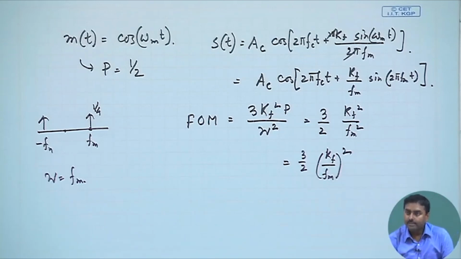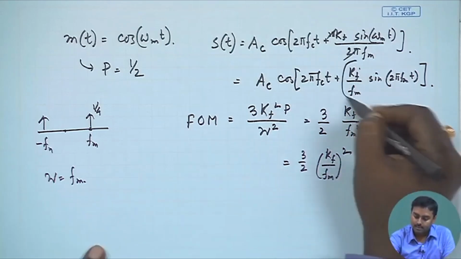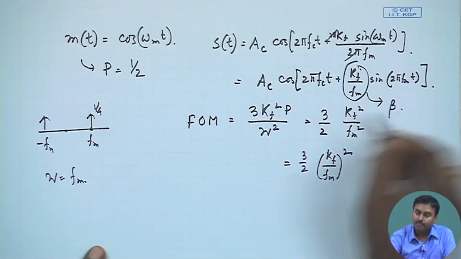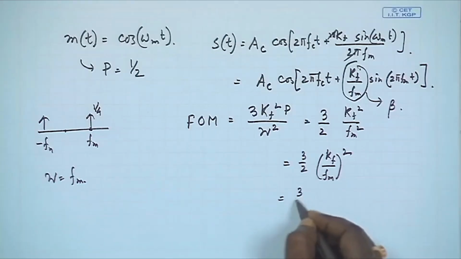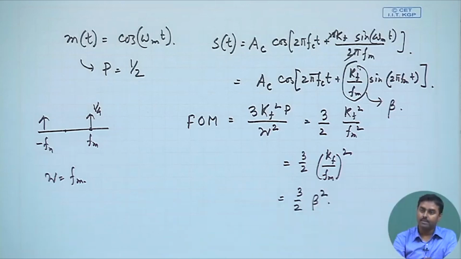Can you now identify what this is? This is actually the beta. We have already proven that for tone modulation, Kf by f_m is the beta, or we should say, the modulation index or frequency deviation index. Okay. So, this must be the beta. So, I can write this as 3 by 2 beta square.